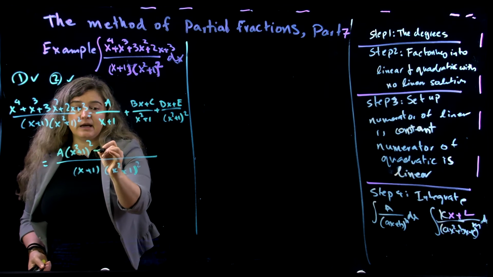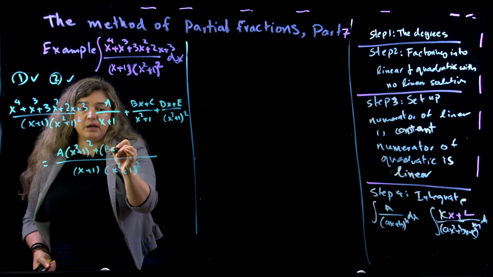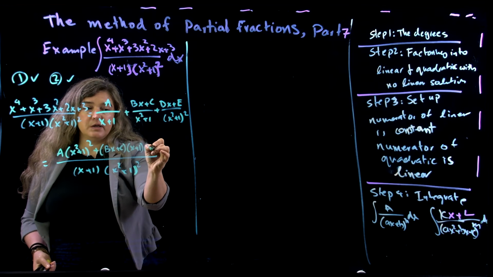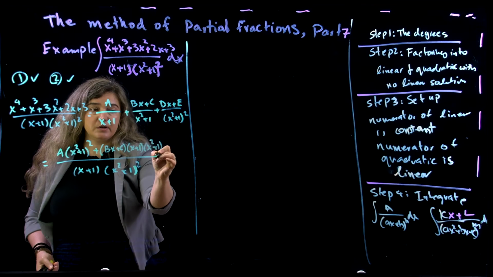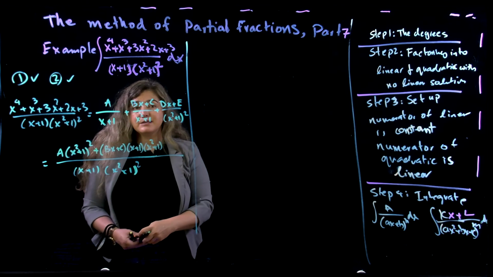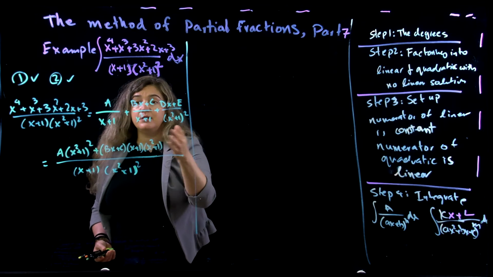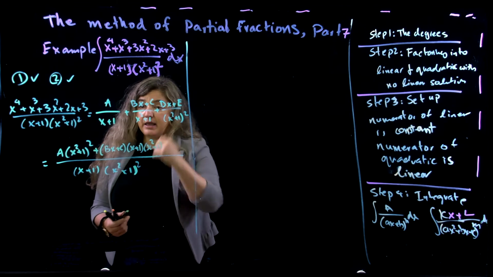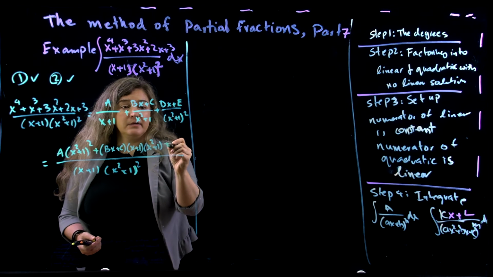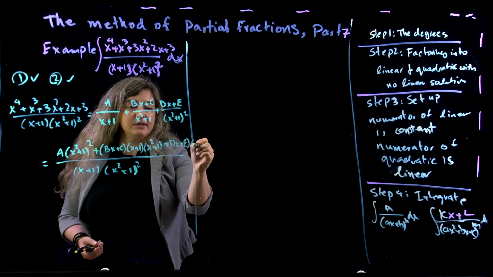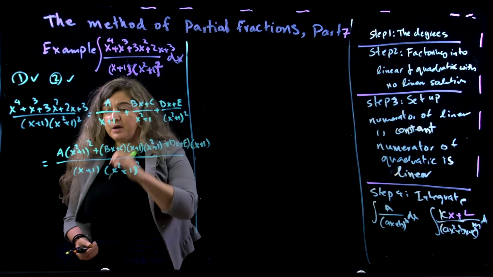So I write it as plus bx plus c times x plus 1 times x squared plus 1. And then the last one, I multiply the denominator by x plus 1, so plus dx plus e times x plus 1.